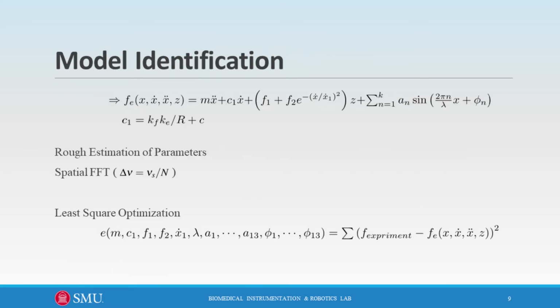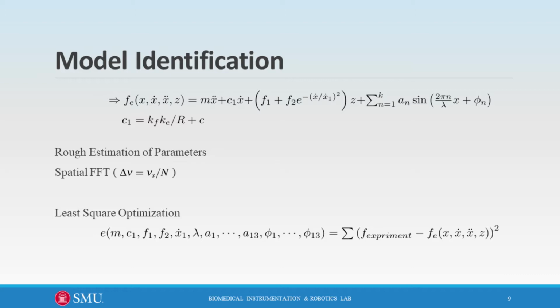So for identification of the cogging force, we use the spatial fast Fourier transform. What we did is we got a relationship between the force that we are measuring in a linear motor versus position, and then we used fast Fourier transform in the spatial domain. After that, we used this initial guess, and we had several experiments in which we measured the force applied from the linear motor to a secondary mechanism, measured by a load cell.